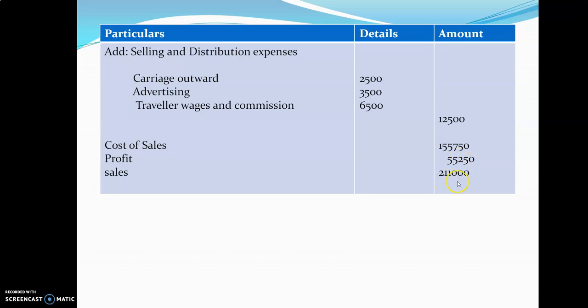Then we will write sales 2,11,000, and then we will find out whether there is profit or loss. In this question there will be profit because sales is more than the cost. Sales is 2,11,000 and cost is this much. So sales minus cost, we got 55,250. So profit will be 55,250. Okay. Hope you have understood this sum of quotient. We will do more sums of quotient.